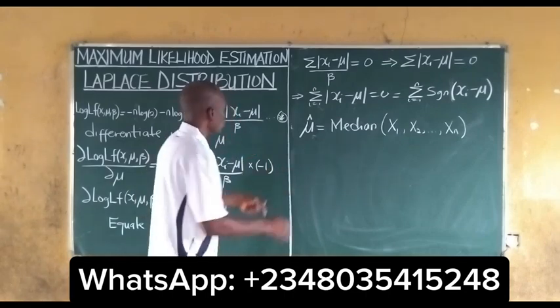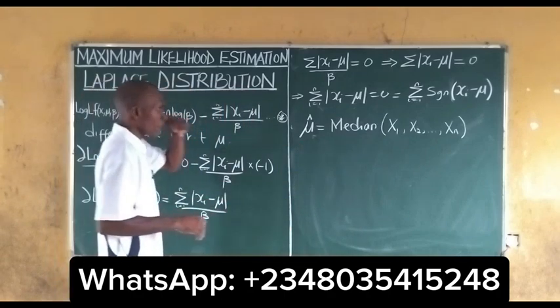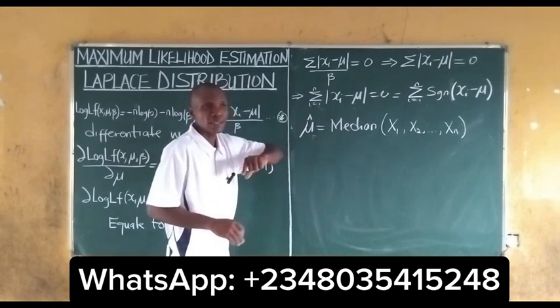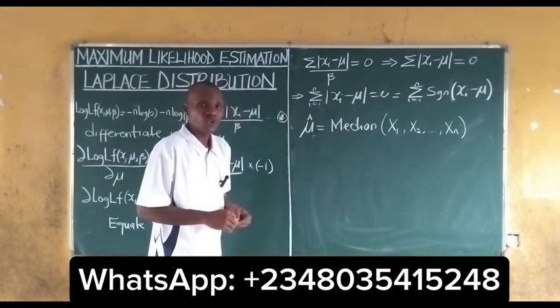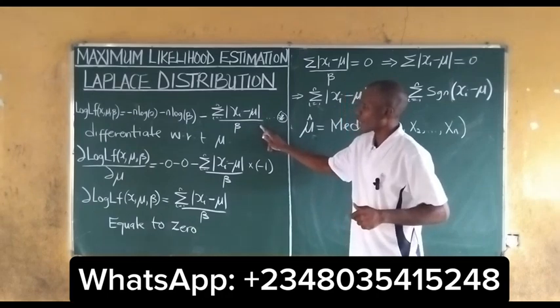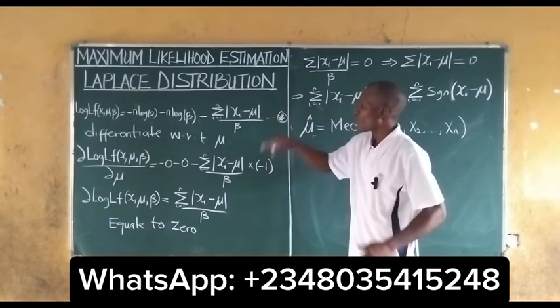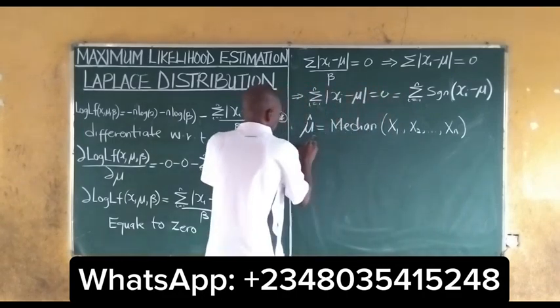Now, the next thing to do is to also find the estimate of the parameter beta. For me to find the estimate of the parameter beta, what do we do? We recall from our equation star. This is our equation star. So we take the derivative with respect to beta.